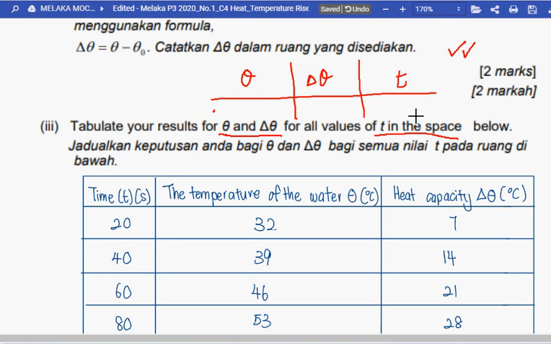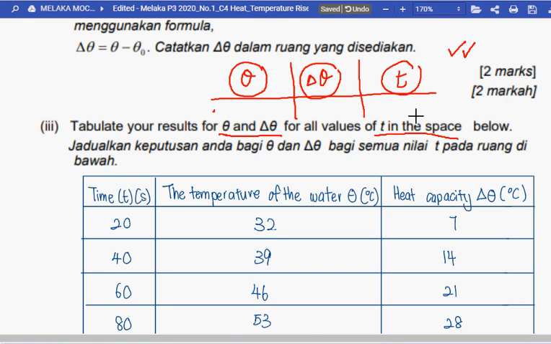Because the manipulated variable, we know already t, should be written in the first column. This one must be in the first column. And the responding variable normally will be the last column. This will be the raw data that you get from the experiment. So it should be in terms of sequence like this.